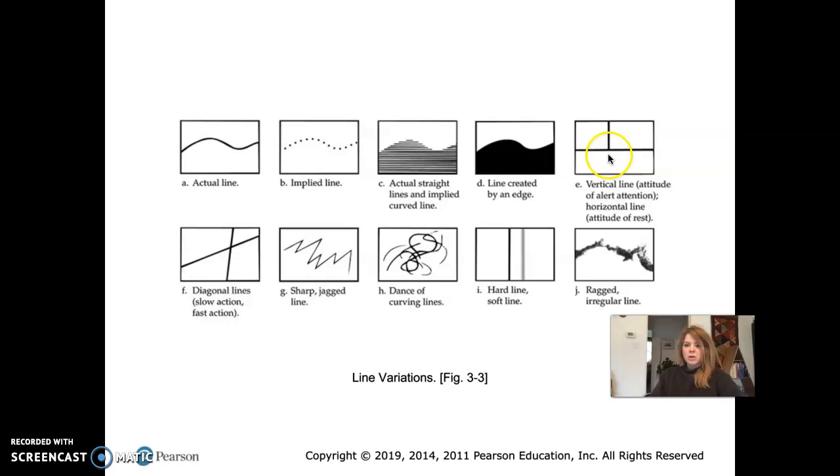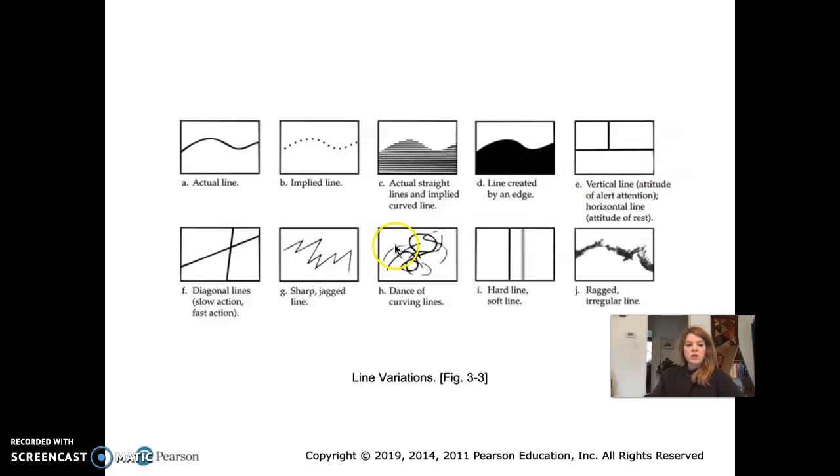this one here. Horizontal line. And horizontal lines give you the attitude of rest. So if you see a horizontal line, it has the feeling of rest. A vertical line has more of an alert attention to it, that feeling of alertness built into it.